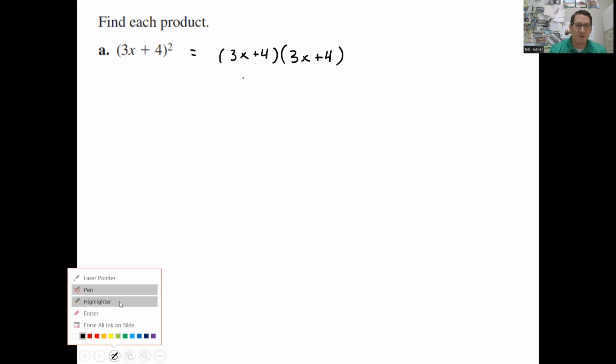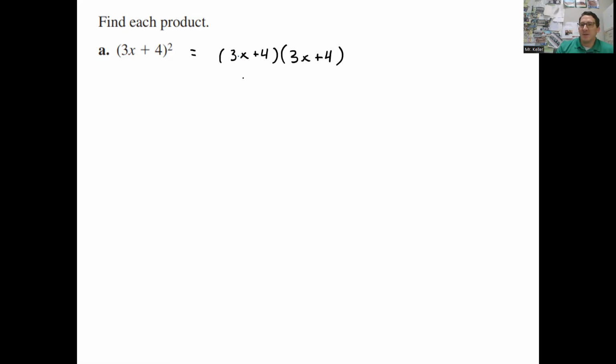From here, you can use whatever method you want to multiply these. My favorite method is to distribute the first term. So 3x times 3x, 3 times 3 is 9, x times x is x squared, and then 3x times 4, that's 12x.